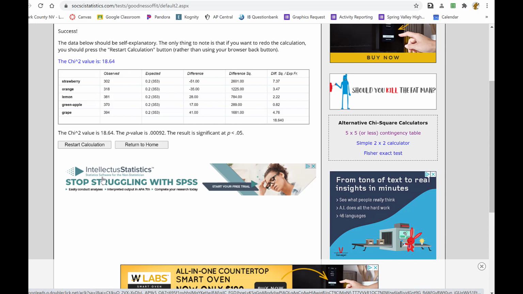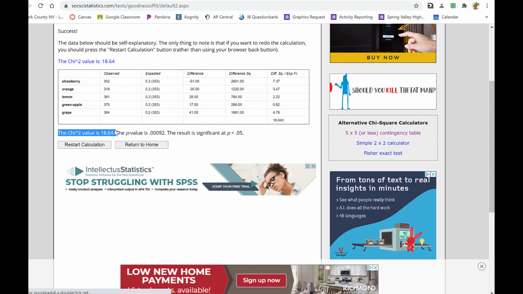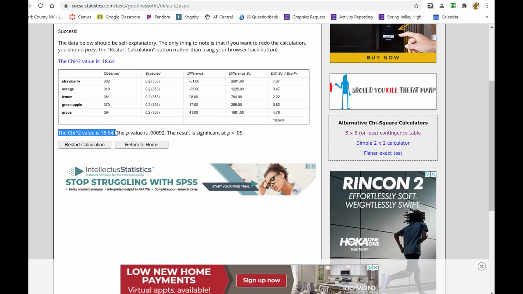It does everything for us, even sums it all up, but it breaks down and even shows the work. That is pretty nice. 18.640, you see that in the bottom right cell as well as in the results sentence here. The chi-squared value is 18.64, and it gives us a p-value which is pretty dang small of 0.00092.